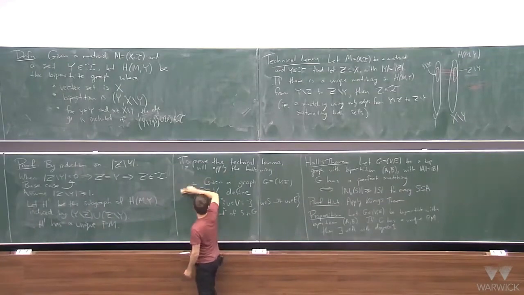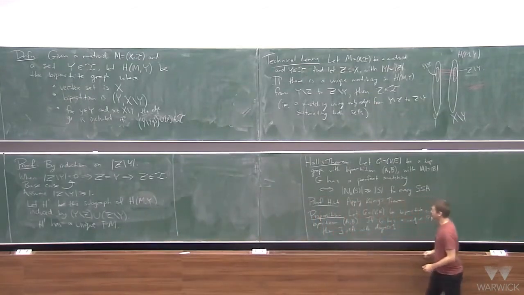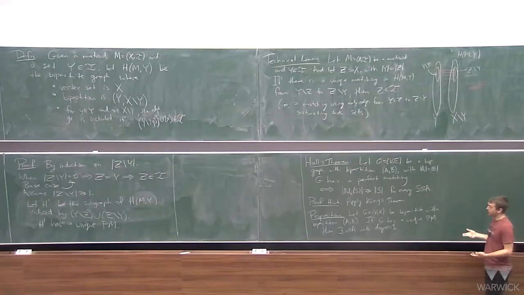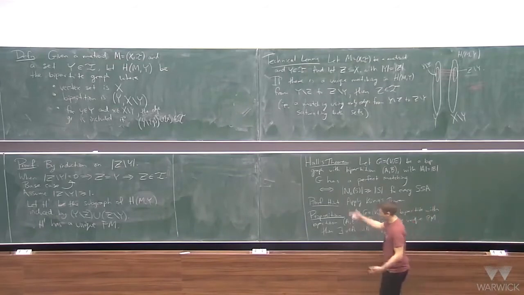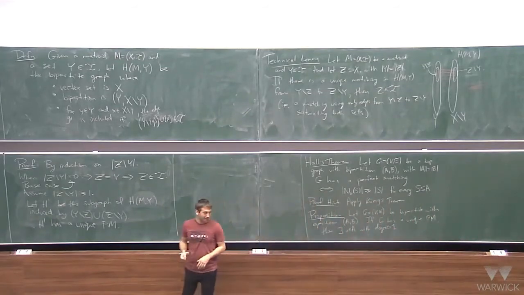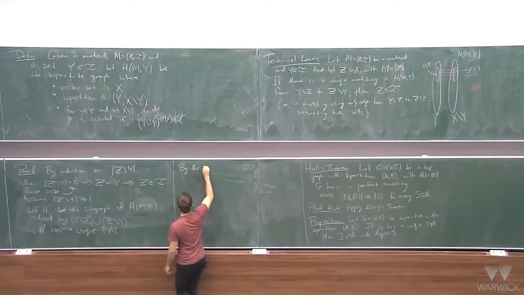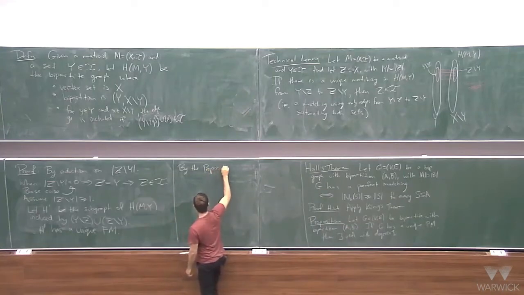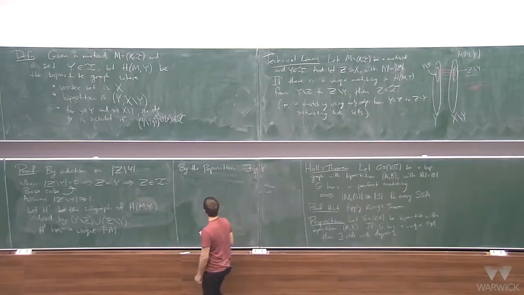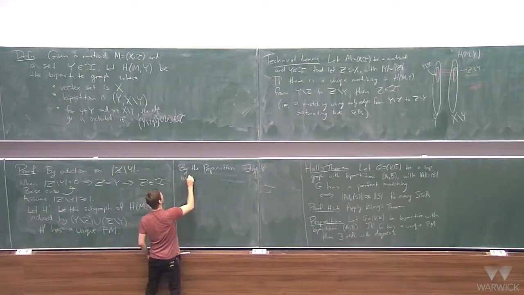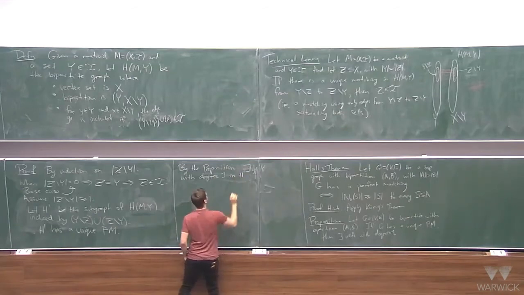So now we can apply this proposition. This proposition says if you have a bipartite graph with only one perfect matching, then you can find a vertex of degree 1, which is in A or in B, either side of the bipartition you want. So by the proposition, there exists some y in Y with degree 1 in the graph H prime.